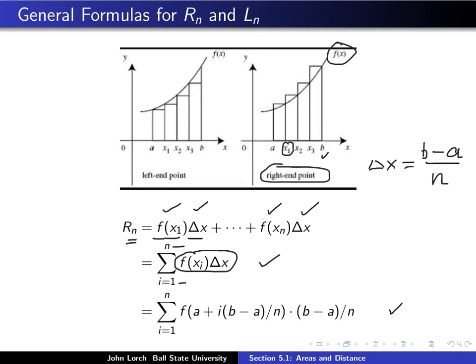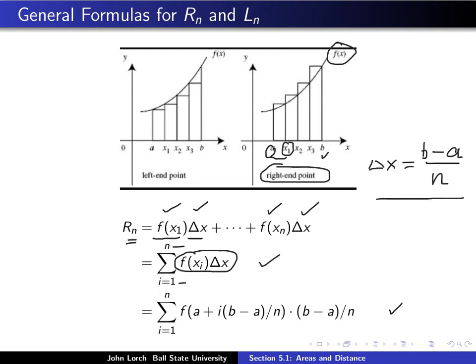What is that? Well, how do I get to it? Well, I could start from A and hop over 1 delta x to get over to x1. But what is delta x? Delta x is this b minus a over n.